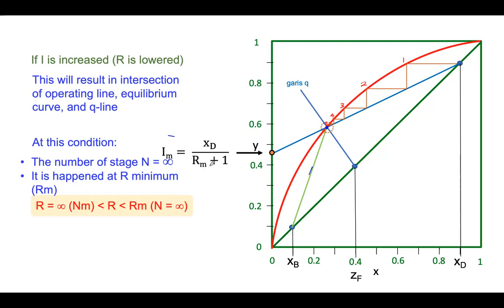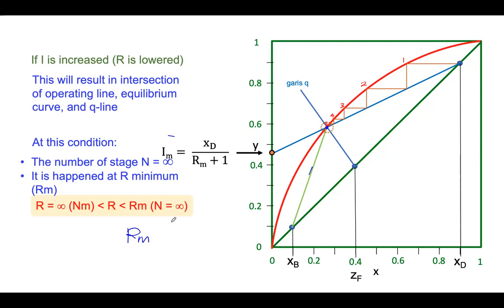We call it RM, or minimum reflux ratio. So the number of stages is infinity, and it happens at R minimum, the minimum reflux ratio.